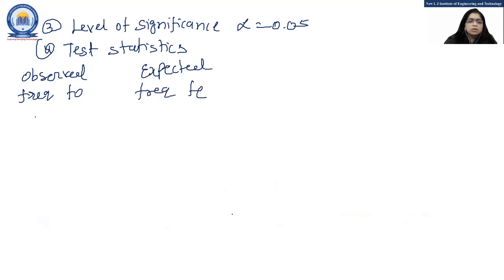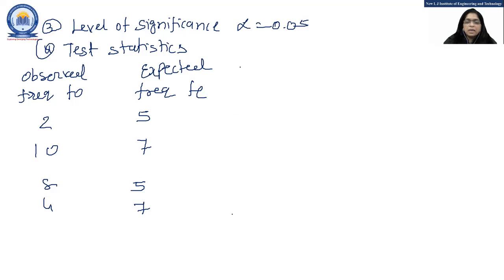Here, observed frequency is 2, 10, 8, and 4. 2 by 2 table is given here. Expected frequency 12 into 10 upon 24, that is 5. Here 12 into 14 upon 24 is 7. Here is 5, and this is again 7. So all frequencies are less than 10.